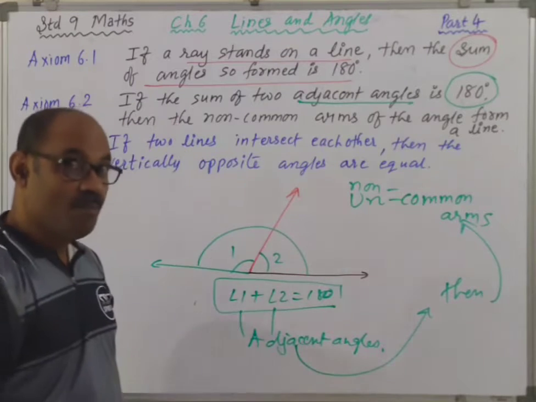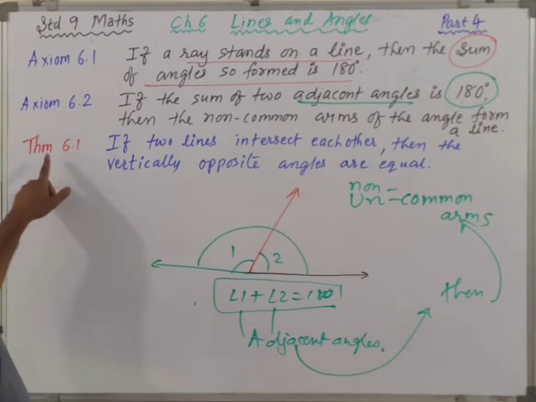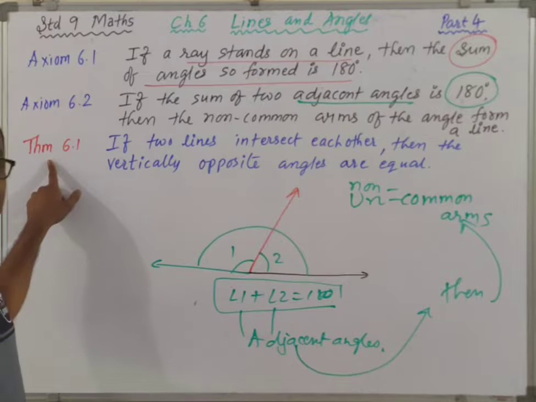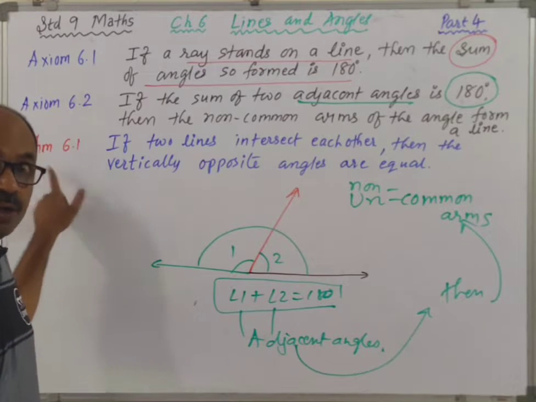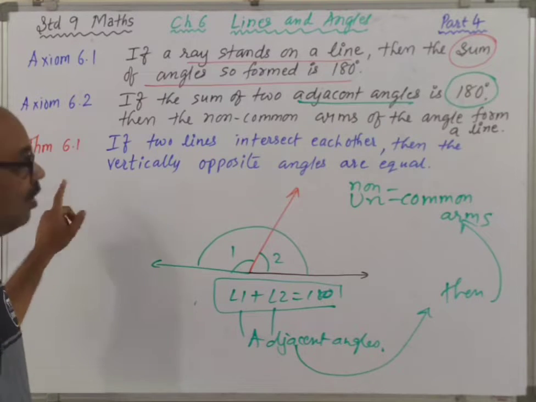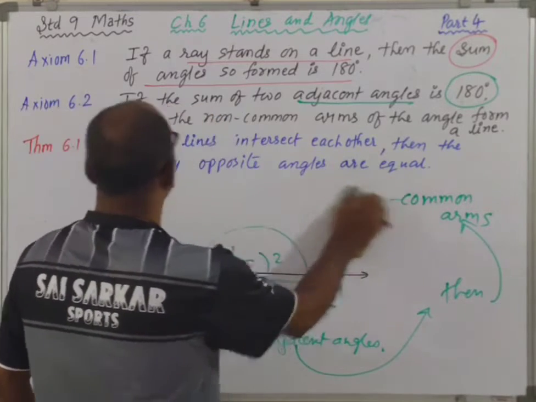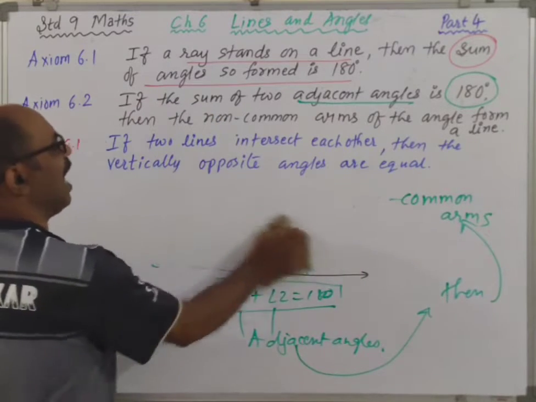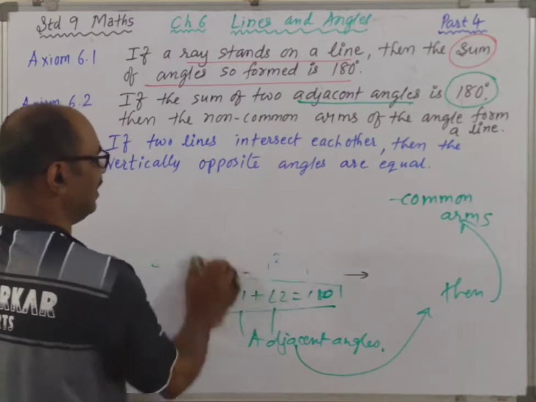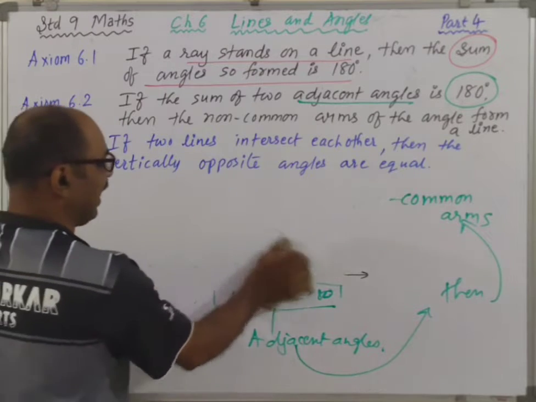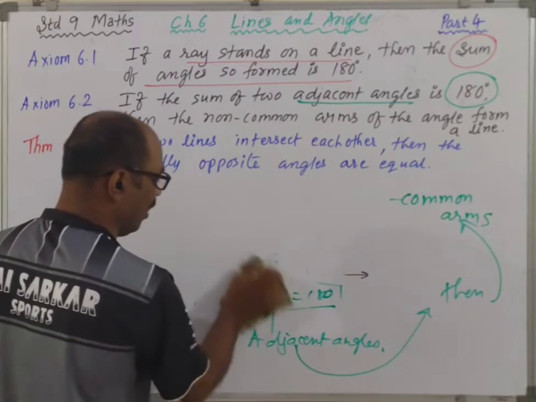Okay. Moving to the next one, and that is theorem 6.1, children. This we will have to prove. So let's see its proof. What is the statement? If two lines intersect each other, then vertically opposite angles are equal.